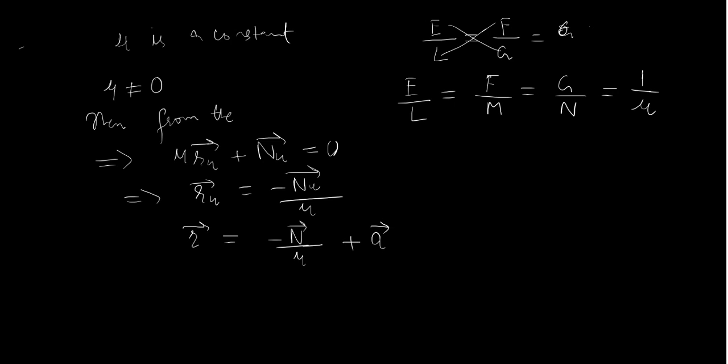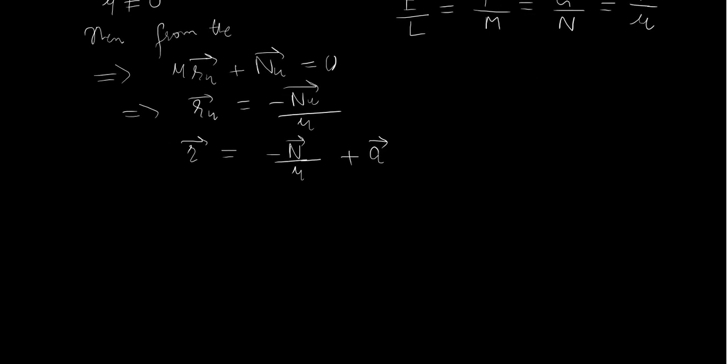So then, on the basis of that, I get that the norm of r minus a must be equal to the norm of minus n by mu.